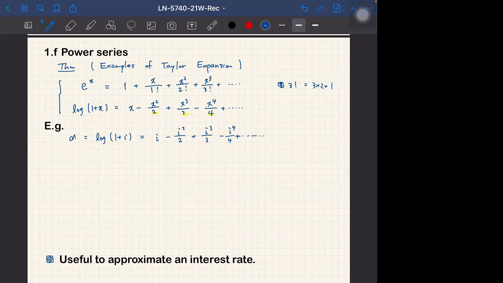Okay, so i is a small number. For example, i is 5%. So i squared, i cubed, i to the fourth power get smaller and smaller. So the later terms don't affect the result much.